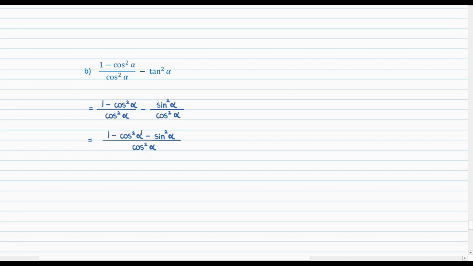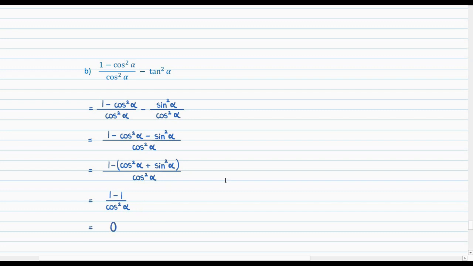Then we can group the cos squared alpha and sin squared alpha terms into a single bracket by putting the negative outside, giving 1 minus cos squared alpha plus sin squared alpha, brackets closed, over cos squared alpha. From the square identity, you know that cos squared alpha plus sin squared alpha is just 1. Finally, giving 1 minus 1 over cos squared alpha, making the final answer just 0.